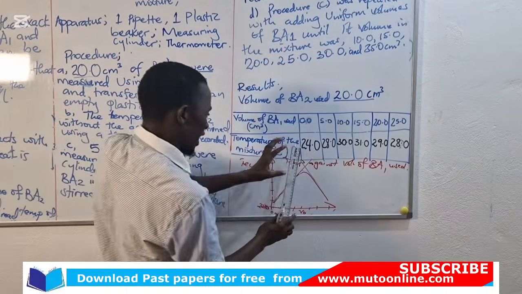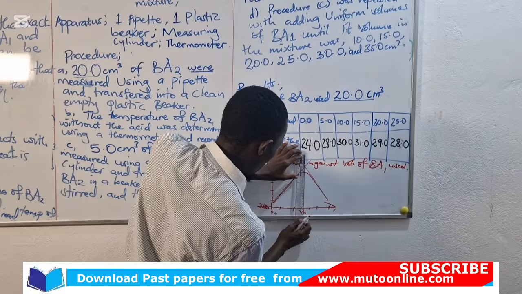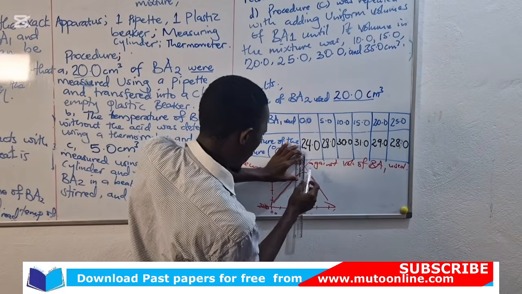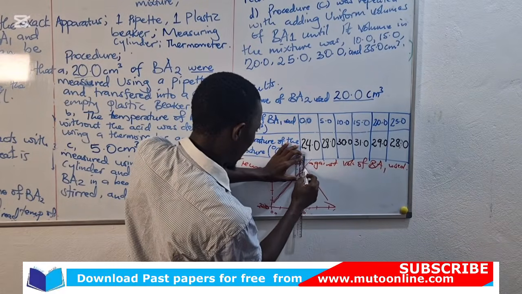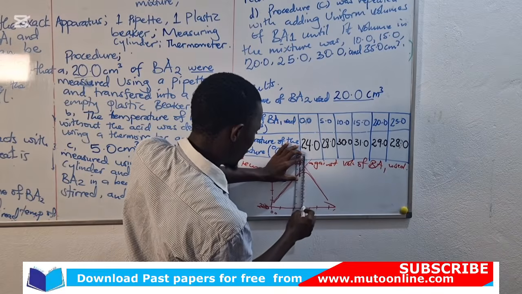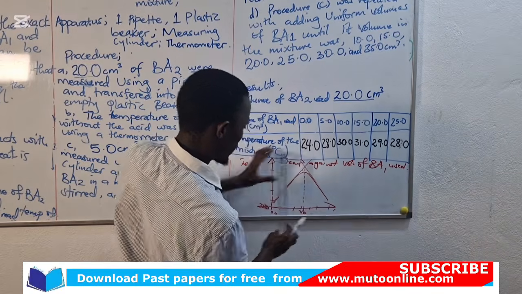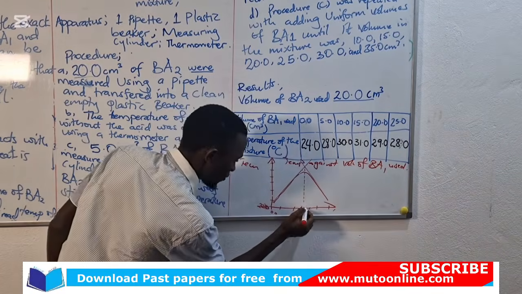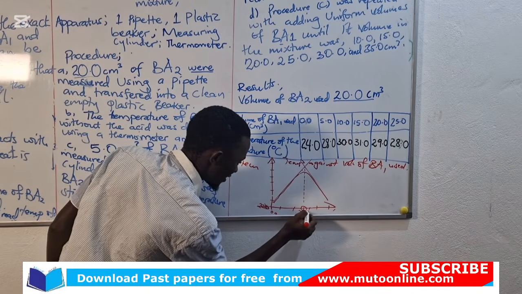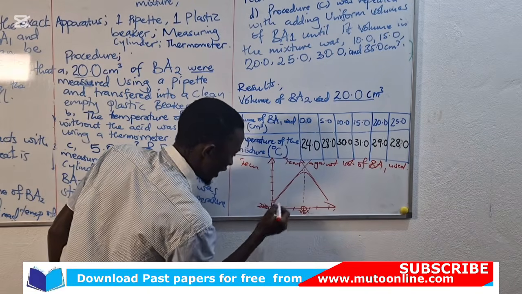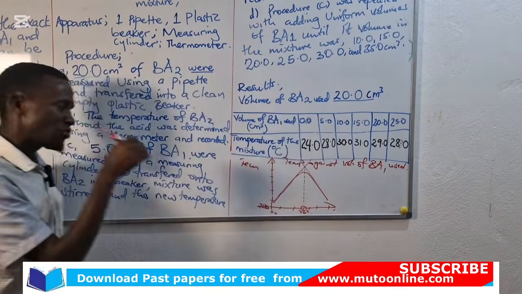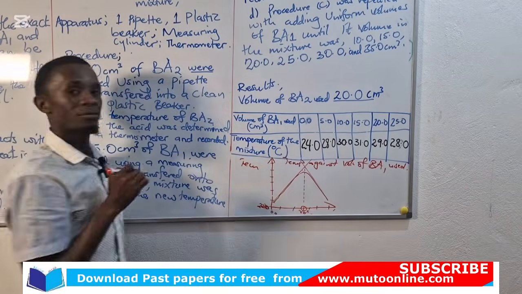And then look at where these two tangents meet. Get your pencil and a ruler, make a dotted line downwards towards the volume axis, and this volume X on your scale will be the maximum volume of BA1.